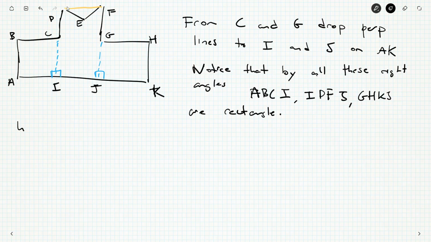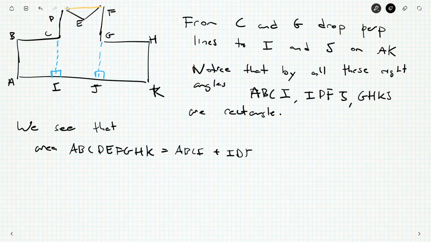Okay, we see that the area of A, B, C, D, E, F, G, H, K is ABCI plus IDFJ minus DEF plus GHKJ.